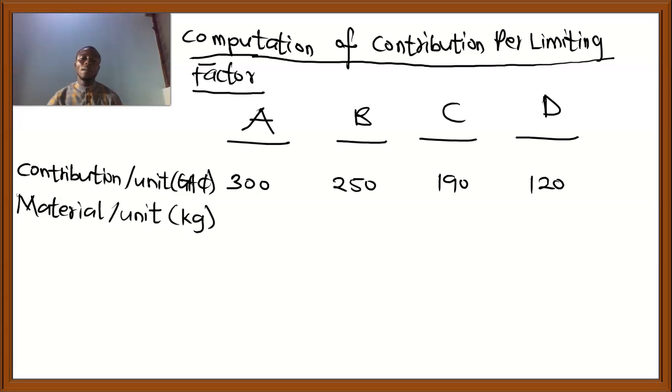The material requirement per unit for table A is 10. So that's 10 kilograms. For B, we have 8. For C, we have 10. And then for D, we have 12. These were given in the question. So now we compute our contribution per limiting factor, which is the material. So contribution per limiting factor.